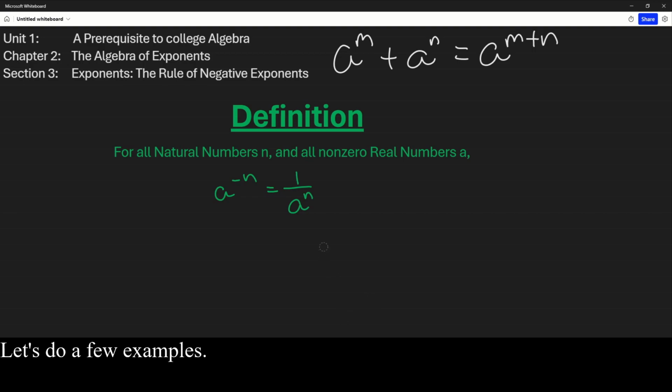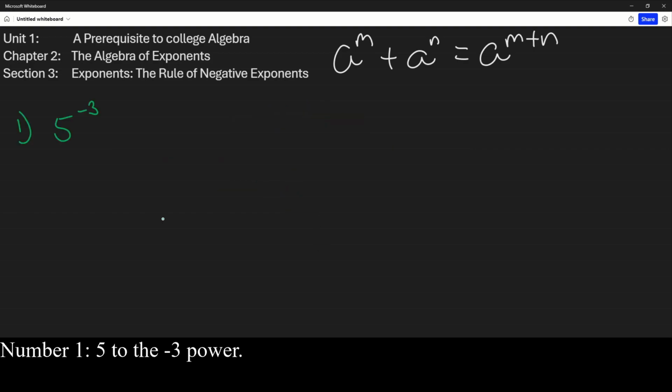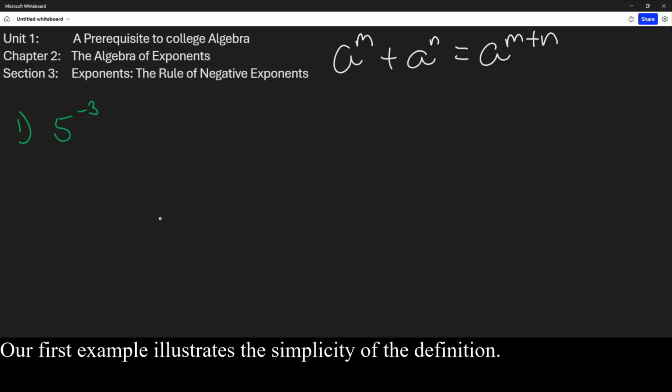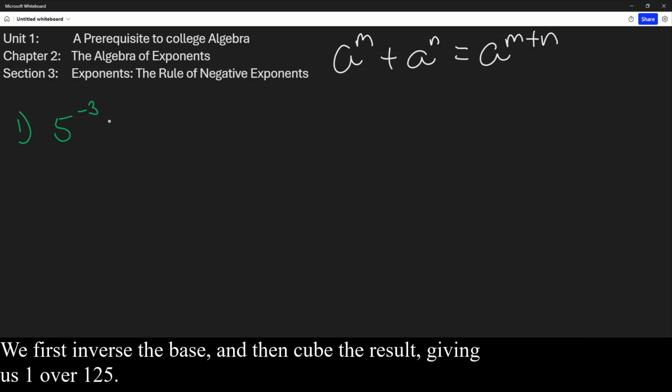Let's do a few examples. Number 1, 5 to the negative 3 power. Our first example illustrates the simplicity of the definition. We first inverse the base and then cube the result, giving us 1 over 125.